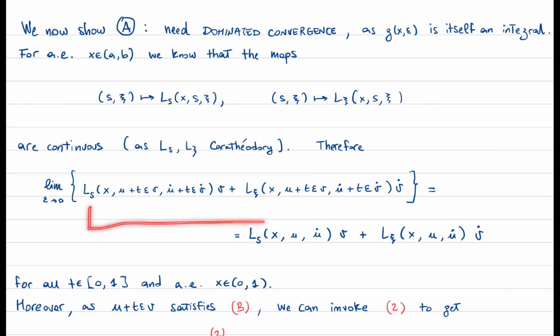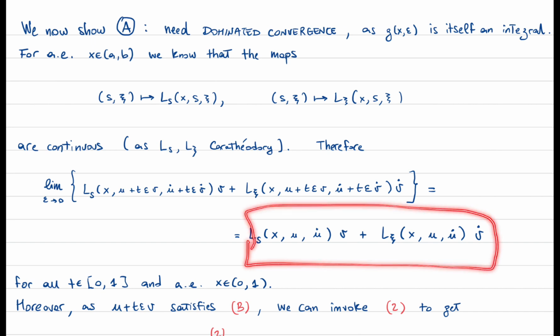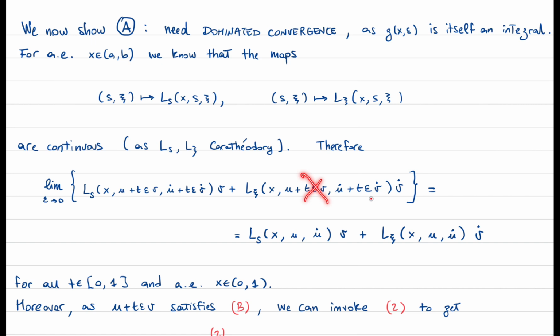So this is the one inside the definition of g_x(epsilon). You can just take the limit as epsilon goes to 0 of this, and by continuity you obtain this one, because the terms involving epsilon just disappear. So we end up with this term, and this is true for all t in (0,1) and for almost every x in (0,1).